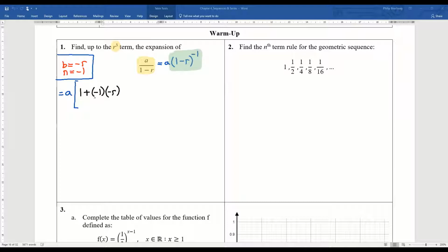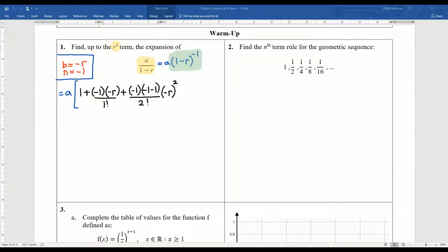If you like, you can say that's divided by 1 factorial, but we know that's 1, so it's not necessary. For the third term, it's going to be -1 multiplied by -1 subtract 1, divided by 2 factorial, multiplied by -r squared.